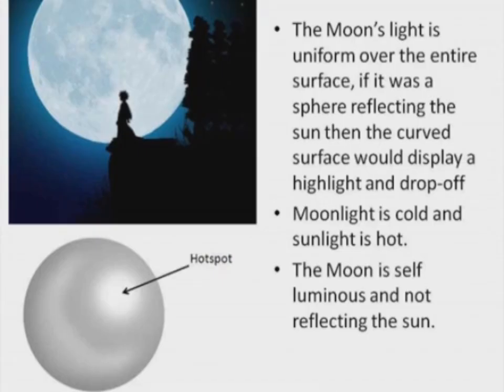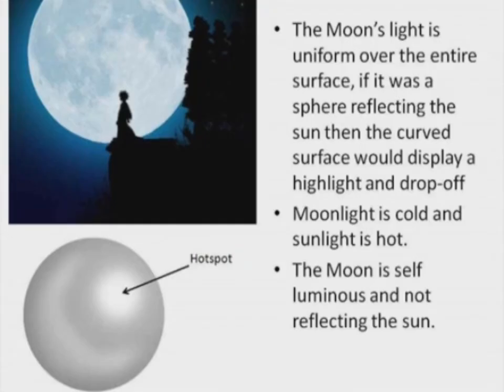The quality of the light from the moon is completely different from the sun's light. The sun's light is hot and it's shifted towards the yellow part of the spectrum, whereas the light from the moon is cold and more silvery. Heat is essentially infrared light.